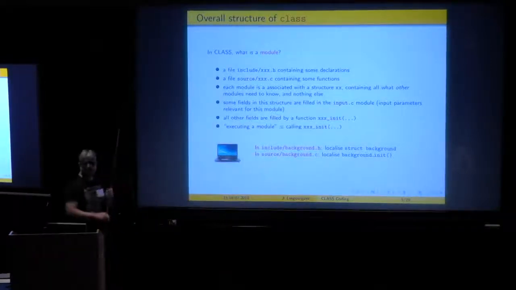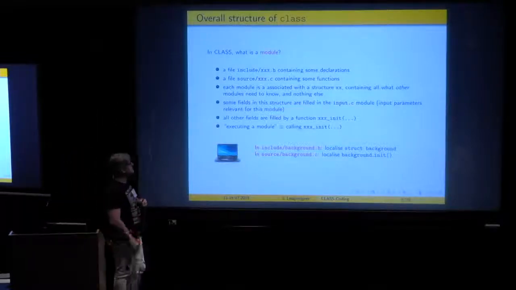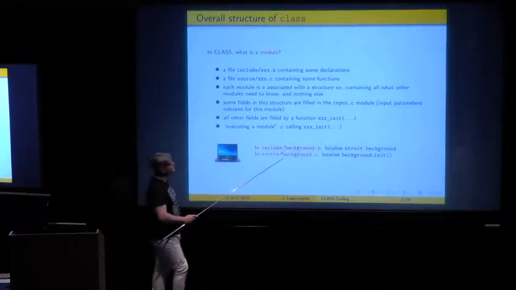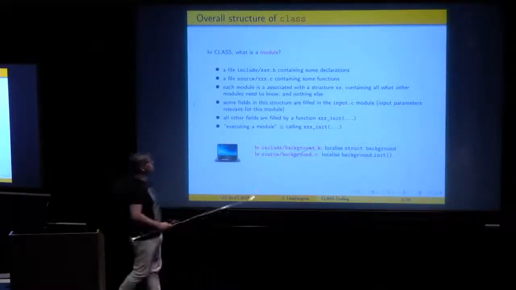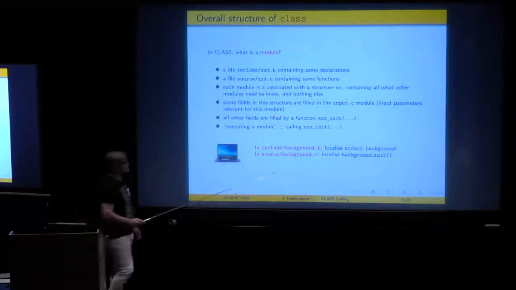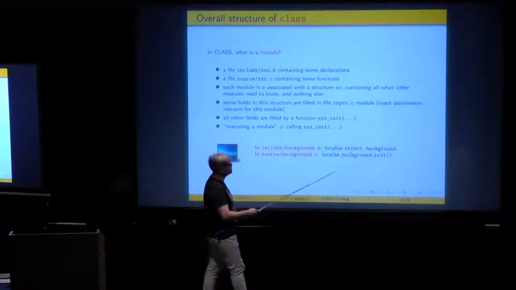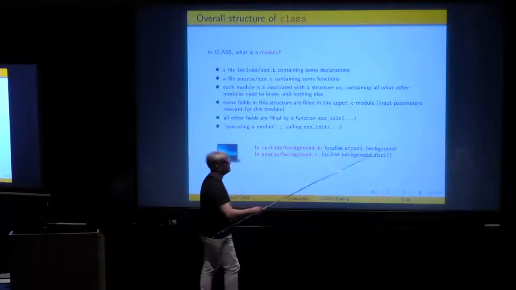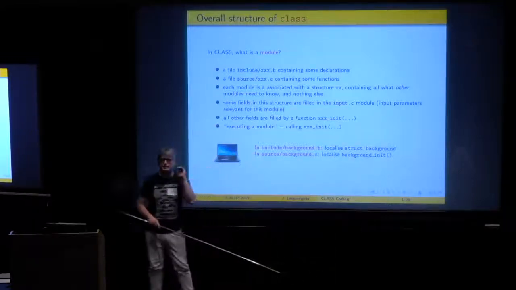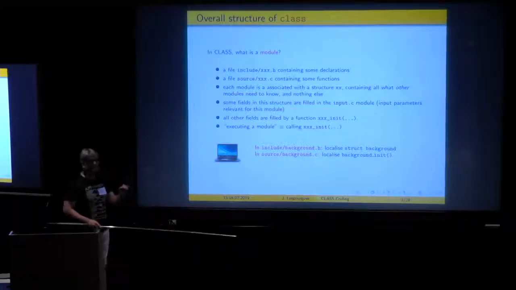So if you want to check how it works and you have opened your computer, I'm going slowly so you have time to, for instance, edit include/background.h. This is the header of the background module. And then close to the top of background.h, you will localize the declaration of the structure background. And then if you look what is in the structure background, at the beginning, you will see input parameters, which will be assigned by the input.